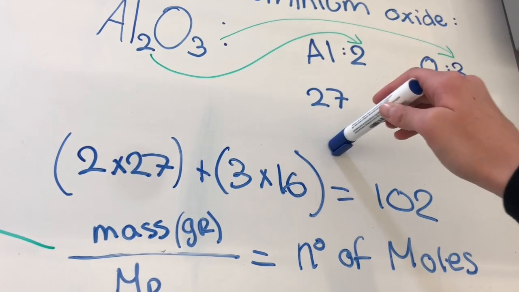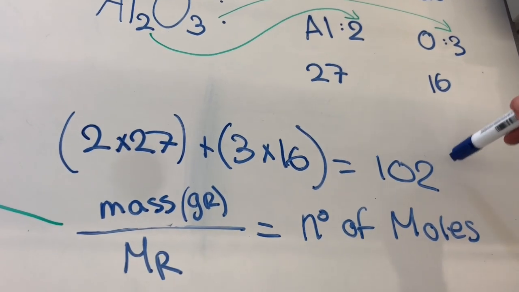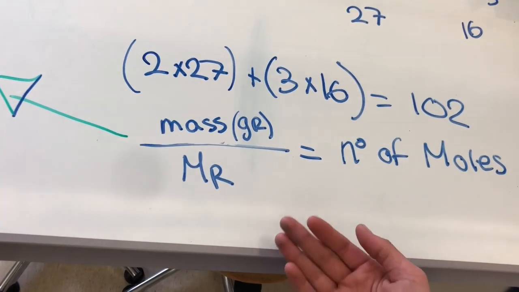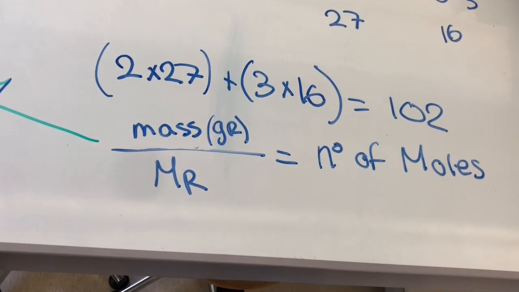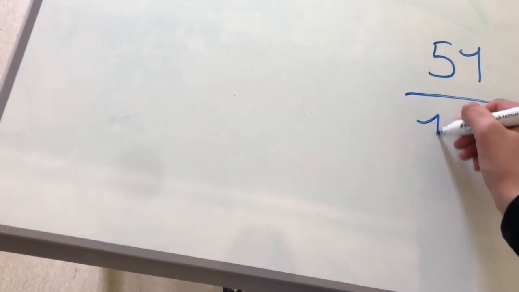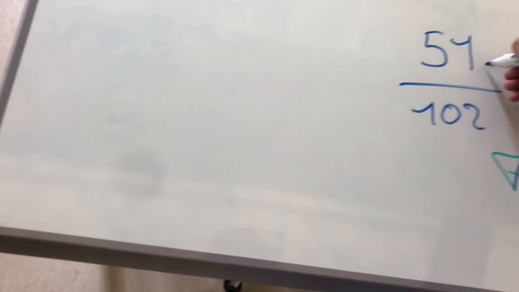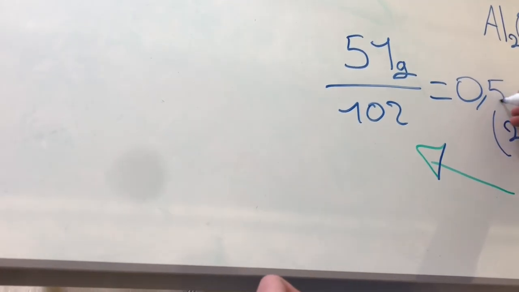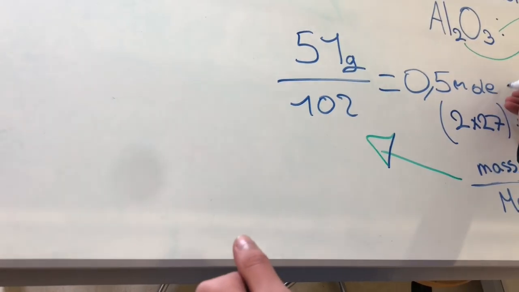So we do this whole calculation, and it all totals out to 102. So then we go back to this formula, which is mass divided by relative mass. And so the final thing is 51 divided by 102, and of course it's in grams, equals 0.5 moles.